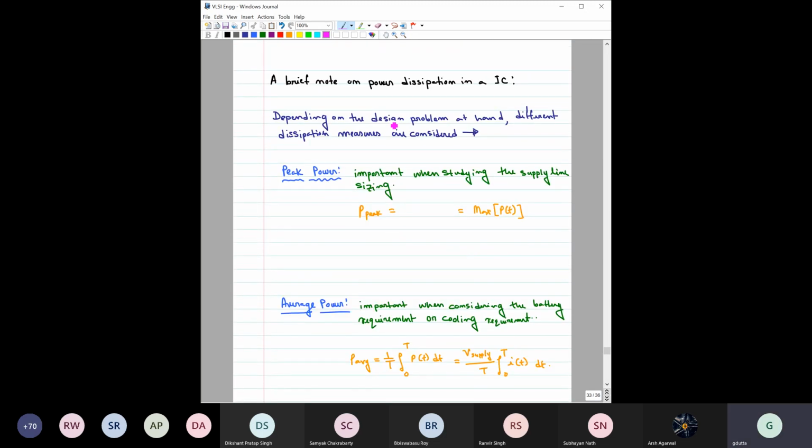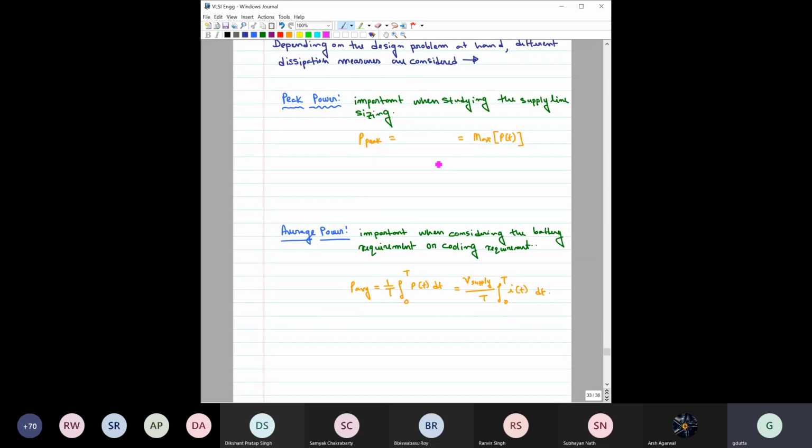So, while considering the power dissipation, there are a couple of terms which are important, and we should know in what context they are important. Here, as you can see, a brief note on power dissipation in IC. Depending on the design problem at hand, different dissipation measures are considered.